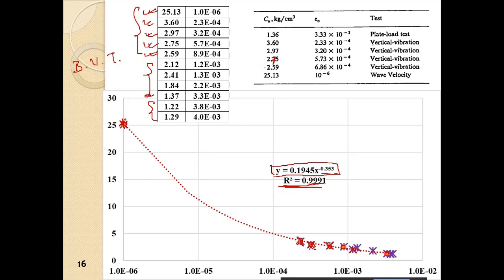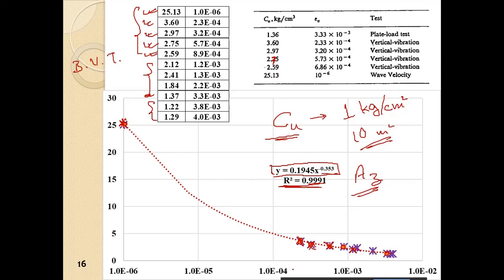You can try that out. Now you can find out any value of Cu corresponding to a stress of 1 kg per centimeter square and an area of 10 meters square, corresponding to whatever your amplitude of motion is.